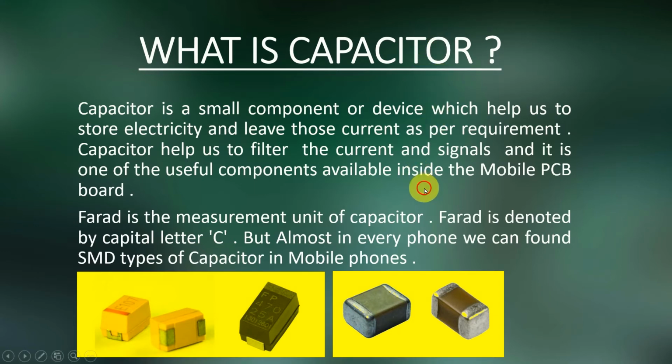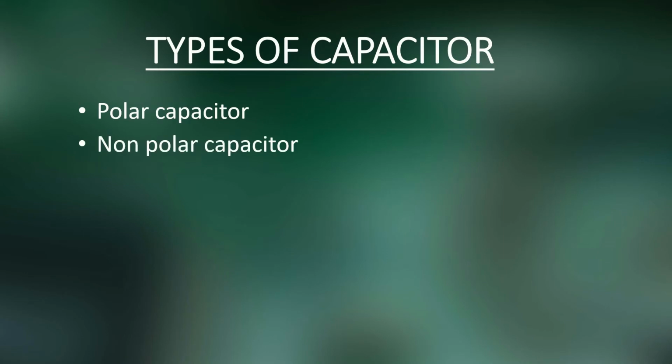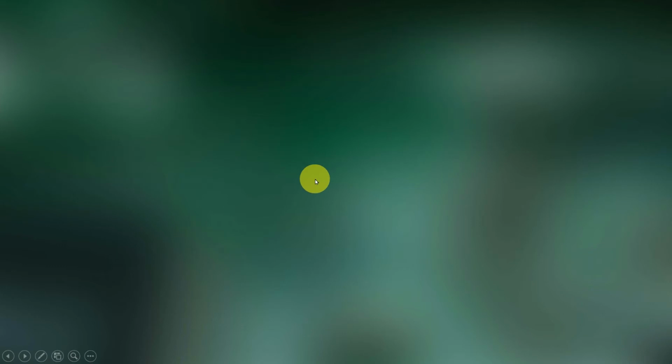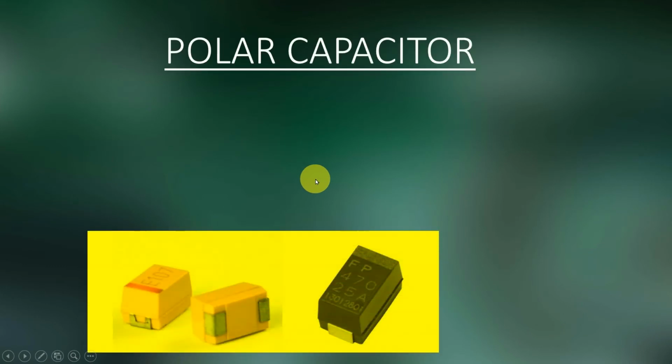The first is the polar capacitor, the second is the non-polar capacitor, and the third type is the array capacitor. In our old types of phone the array capacitor was also available, but nowadays there is no array capacitor. So today we'll only discuss the polar capacitor and the non-polar capacitor.